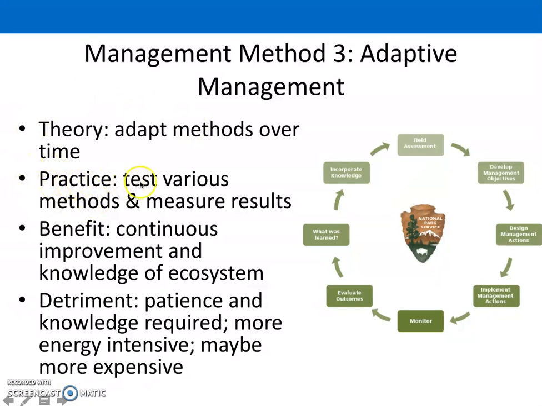So in practice, what you need to do is try a variety of methods, test their effects, and measure the results of those methods, and take a look at all stakeholders. So everyone who has a say and everyone who is impacted by those management practices.